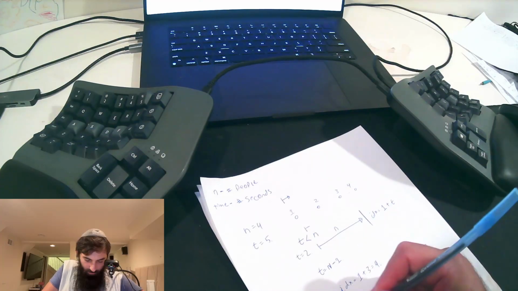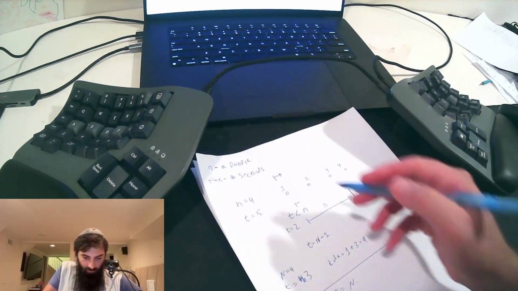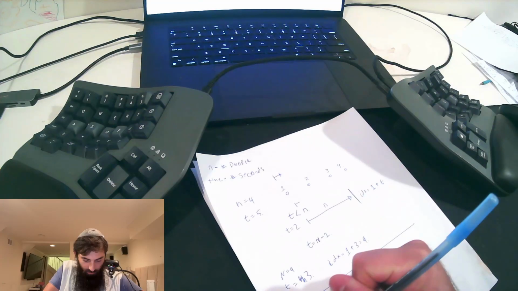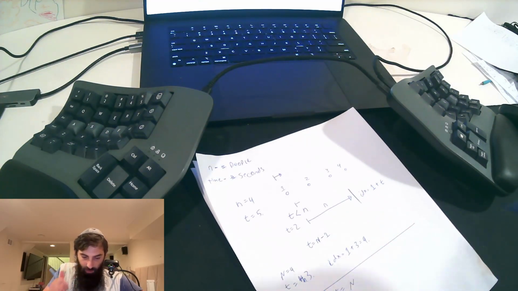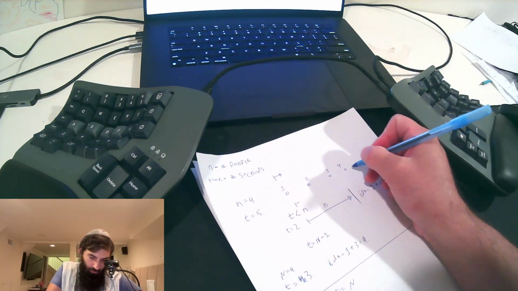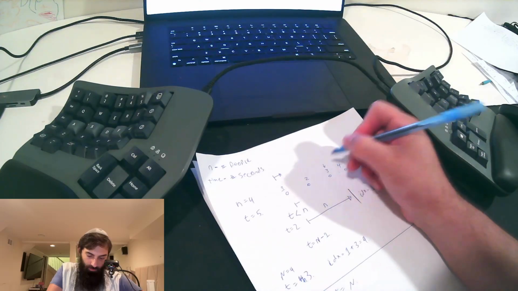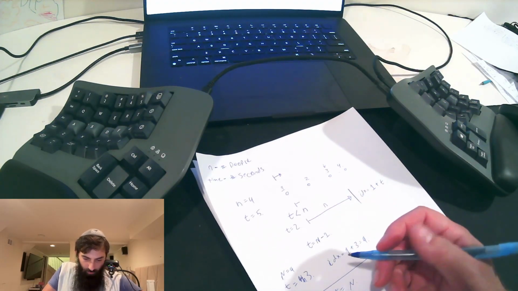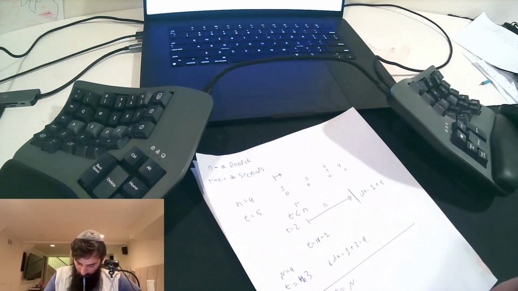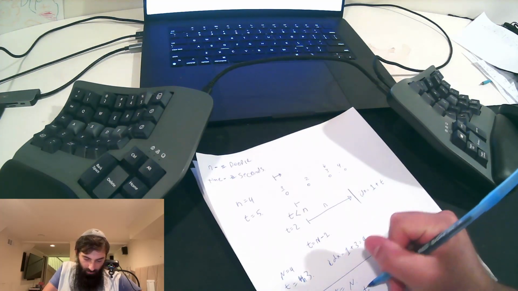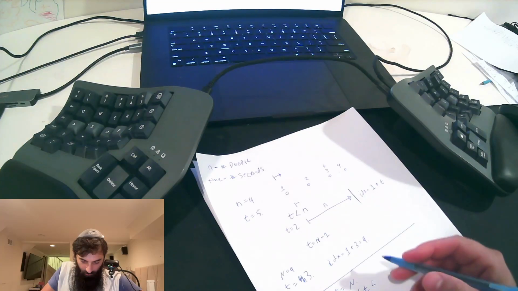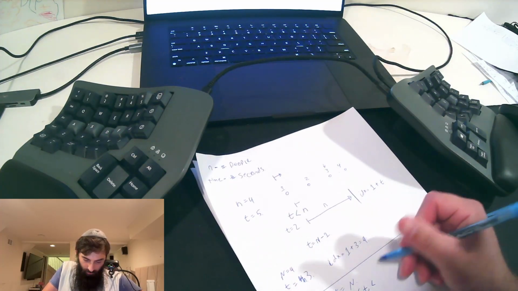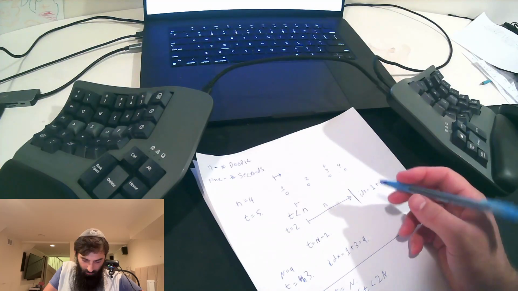Okay, so let's say t is equal to n. In this case, n equals 4, t equals 4. That's the first time where we get a reversal. So here we go 1, 2, 3, 4. And it's 3. So what would the formula be? So if t is in between n and maybe it's 2n, I don't know, I think so.